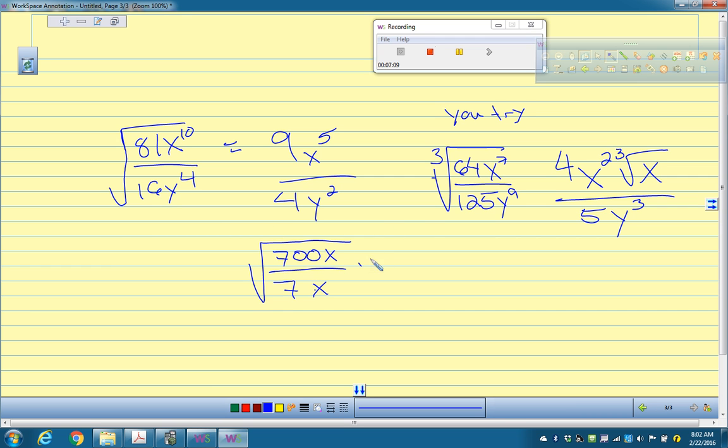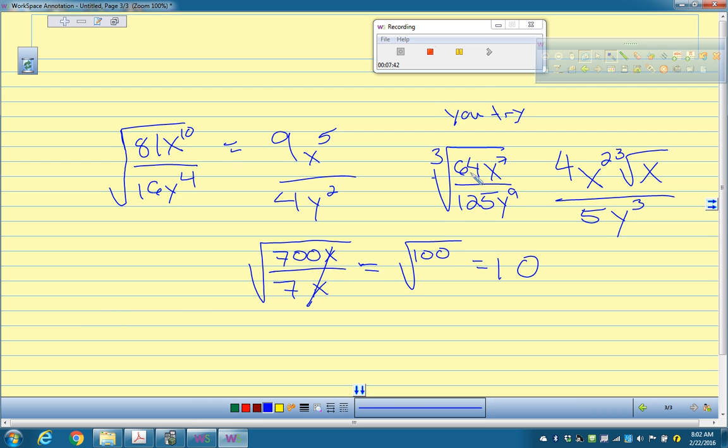So 7 goes into 700 how many times? 100 times. And that goes away, and I just get the square root of 100. What's the square root of 100? 10, right? So sometimes it's easier to just simplify like that.